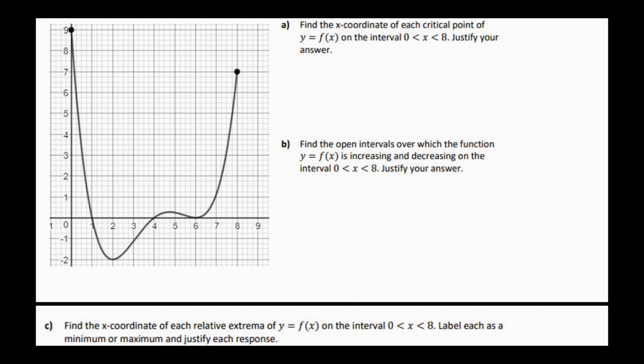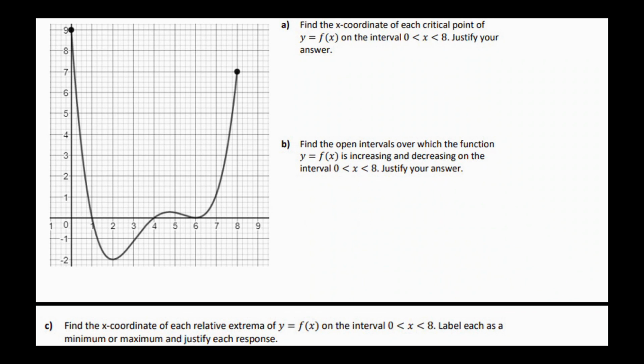So 1 is going to be a maximum. And then at 4, it crosses from negative to positive. So at 4, it's going to be a minimum. Justification for maximum, because f prime changes from positive to negative. Justification for minimum, f prime changes from negative to positive.